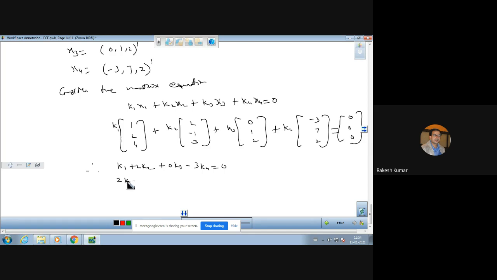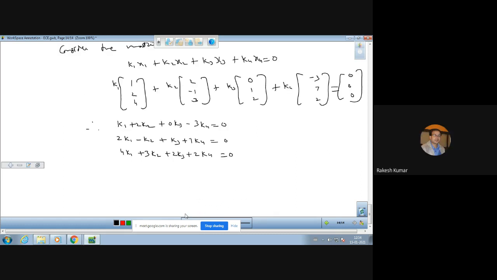Similarly, 2k1 minus k2 plus k3 plus 7k4 is 0. 4k1 plus 3k2 plus 2k3 plus 2k4 is 0. So this is the system of equations we have, and we need to solve this system of equations. With the help of this, we can easily write down the system in the matrix form.